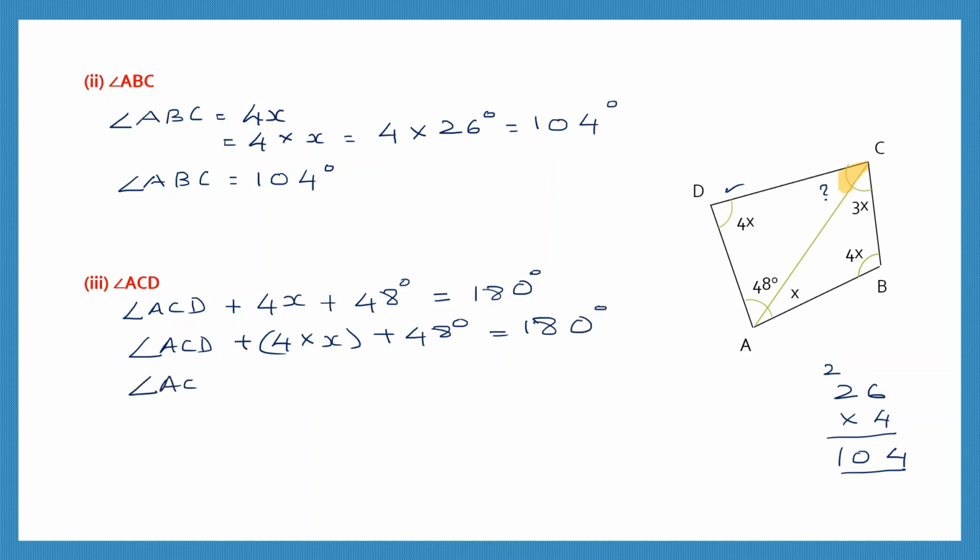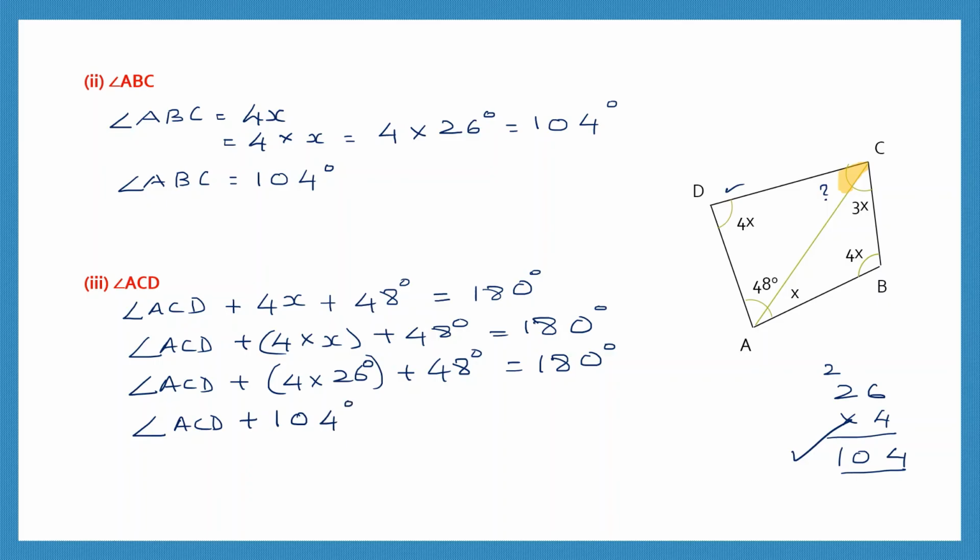So angle ACD plus 4 into 26, we found x to be 26 degrees, which is 104 degrees, plus 48 degrees is equal to 180 degrees.